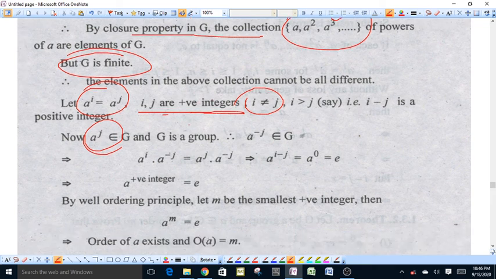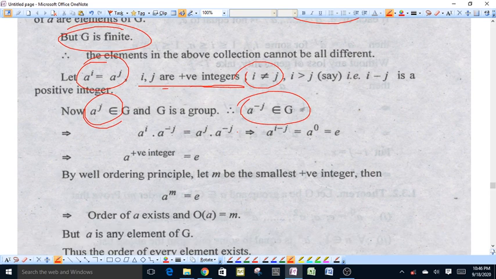In a group, inverse of every element exists. This means a raised to power minus j also belongs to G. Now a raised to power i is an element of G and a raised to power minus j also belongs to G. Under multiplication, a raised to power i dot a raised to power minus j, which may be written as a raised to power i minus j, belongs to G.